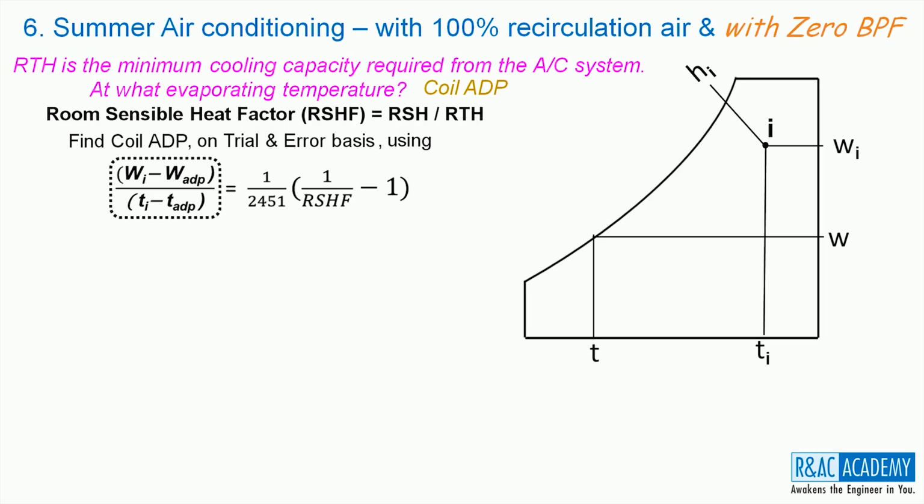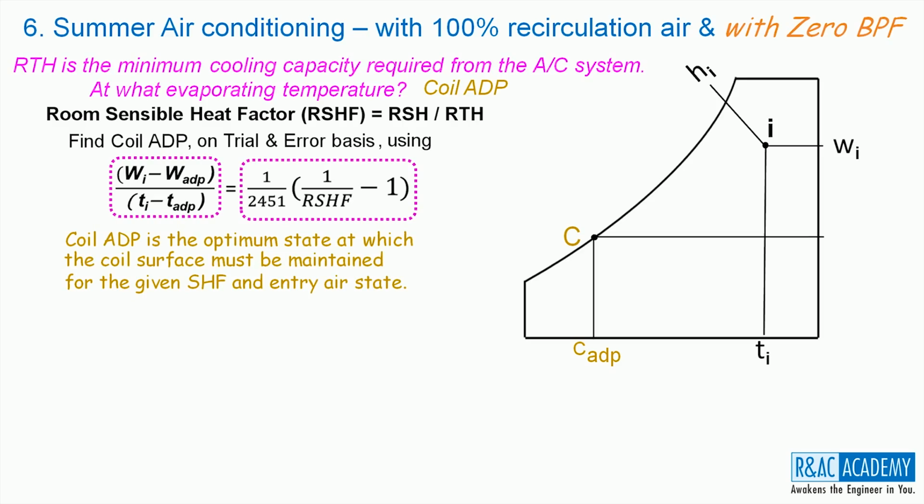When the LHS value becomes equal to the RHS value, then that T is called the coil ADP. As discussed in the previous lecture, the coil ADP is the optimum state at which the coil surface must be maintained for the given sensible heat factor and entry air state.